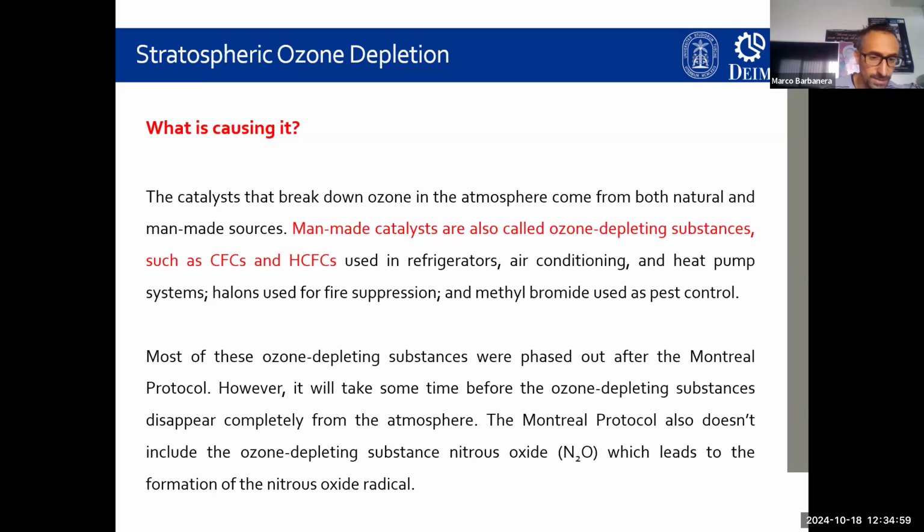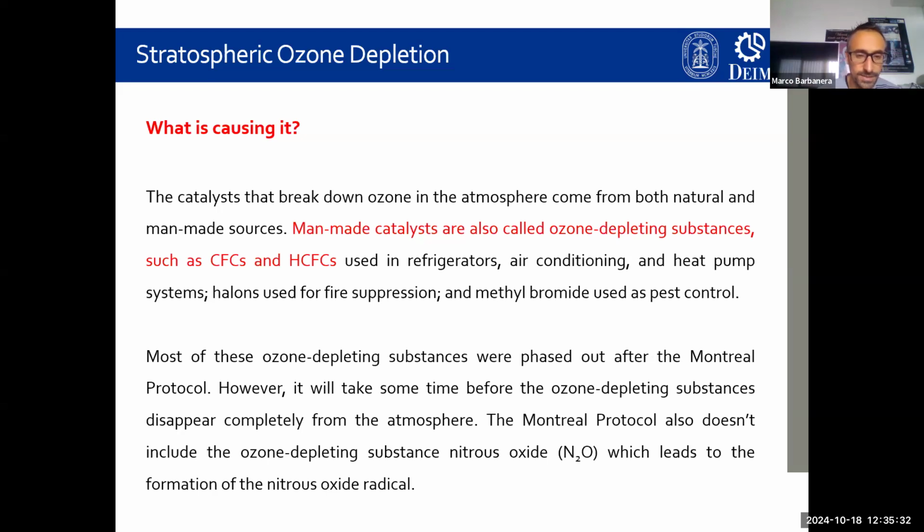But the main problem is that it will take some time before the ozone depleting substances disappear completely from the atmosphere. So actually, we have the problem of stratospheric ozone depletion due to the previous emissions of these kinds of compounds.